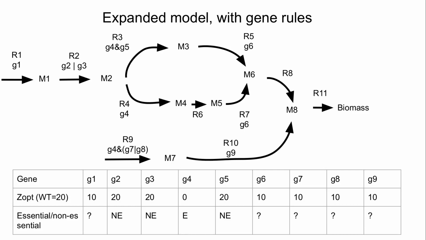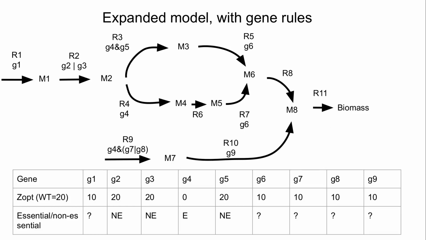If we were to look at G2, G2 only figures in reaction R2, so knocking out G2 alone, as we've said before, is not sufficient to knock out reaction R2. And so our pathway will be the same. We will have no change in available reactions from knocking out the gene G2.